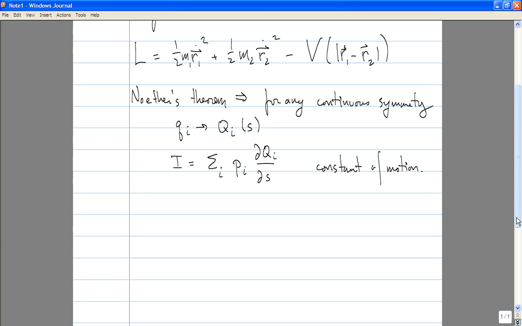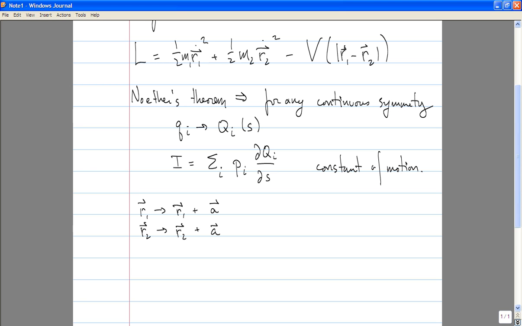So for example, last time I noticed that there are 3 obvious symmetries of the two-body problem, where I take r1 to r1 plus a constant vector a, as well as r2 to r2 plus the same constant vector. So this is a set of 3 continuous symmetries, one for each component of the vector a.